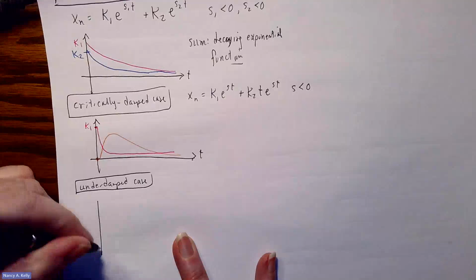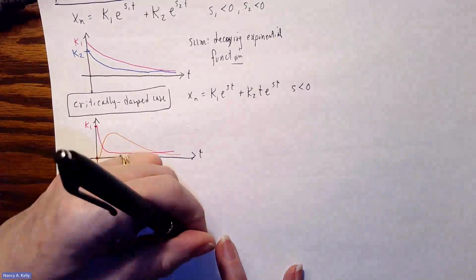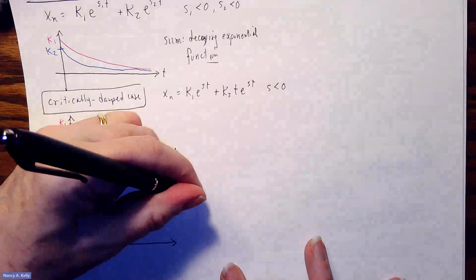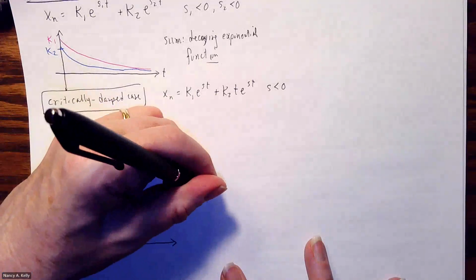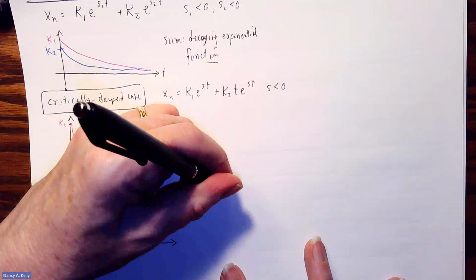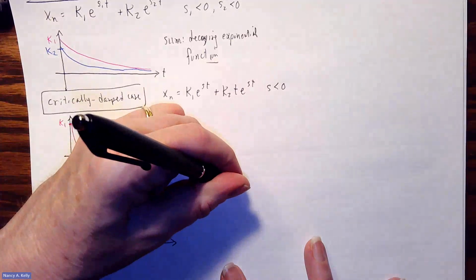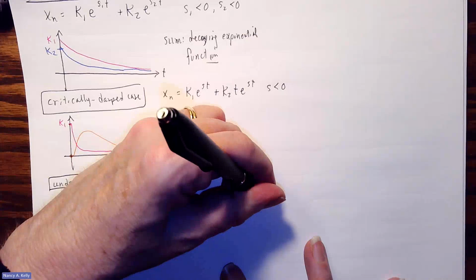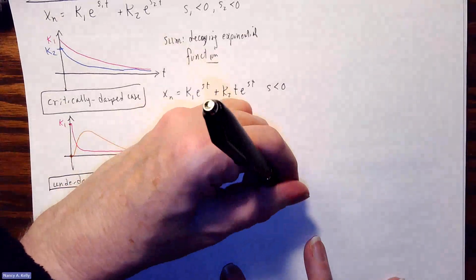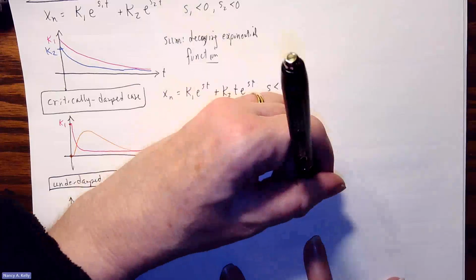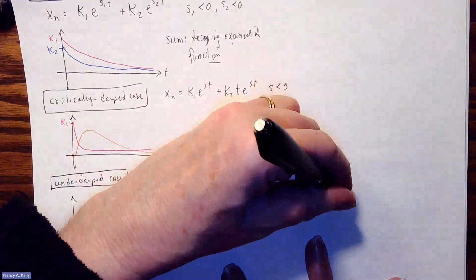Okay, we have this, and recall that x sub n is equal to k1 e to the minus alpha t times cosine omega sub n t plus k2 e to the minus alpha t times sine omega sub n t.